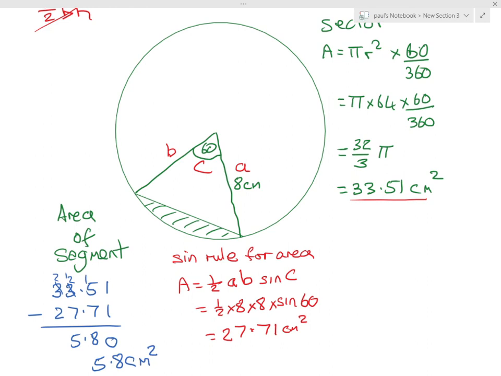So that is a lovely grade 6-ish, grade 6, to finish up that lesson on perimeters and areas. Okay.